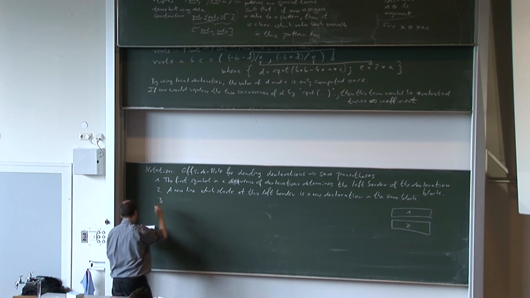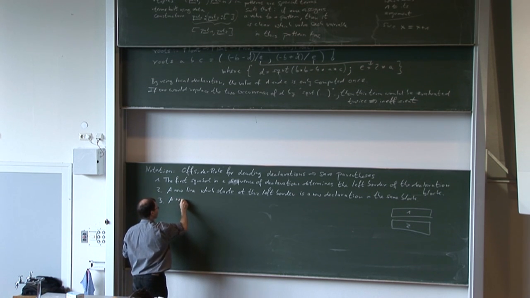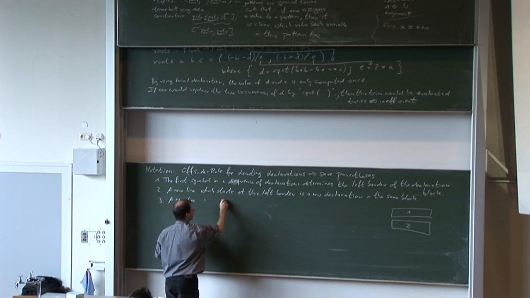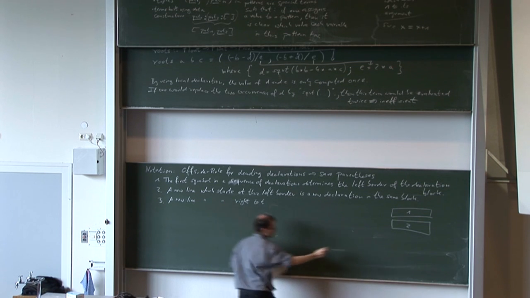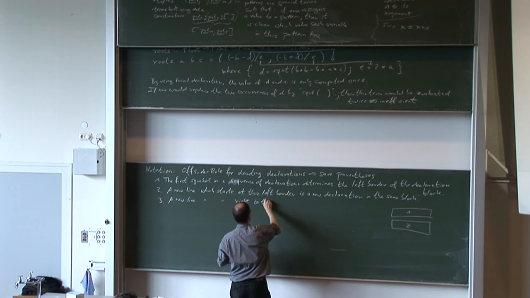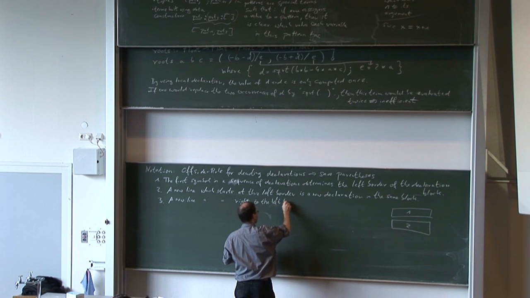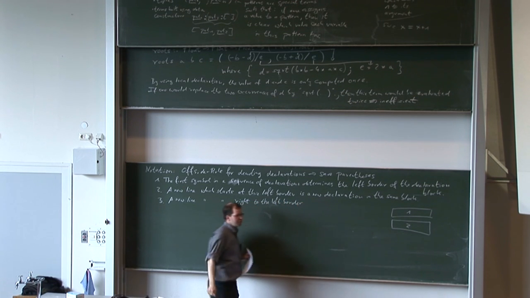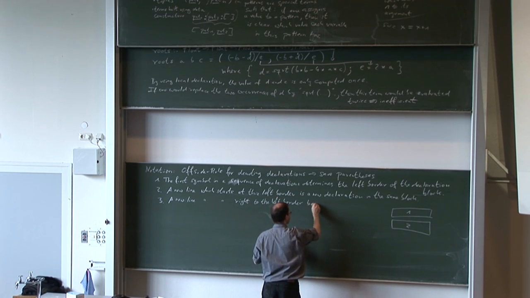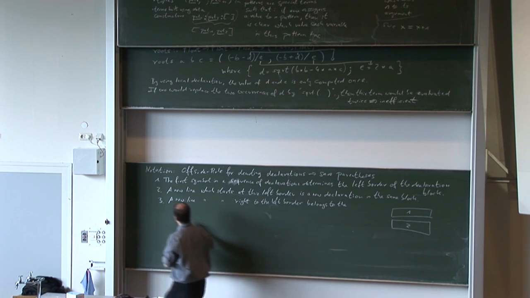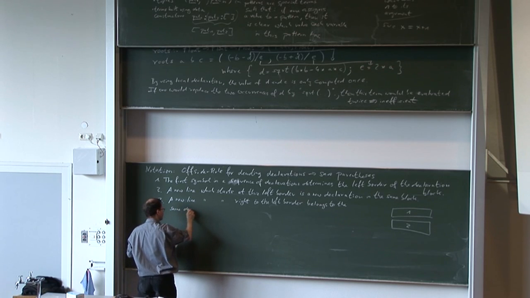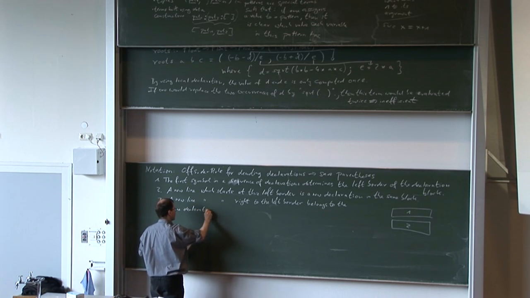So a new line which starts on the right to the left border, so somewhere here. So this is not a new declaration, but this continues the declaration in the line before. Belongs to the same declaration as the line above.